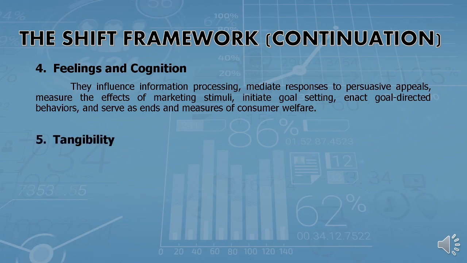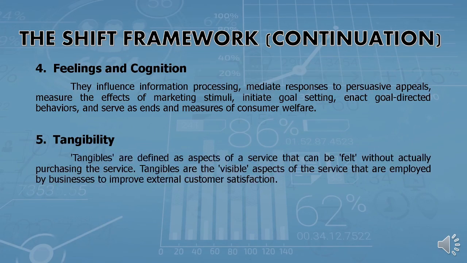This is the tangible. Tangibles are defined as aspects of a service that can be felt without actually purchasing the service. Tangibles are visible aspects of service that can be employed by the business to improve external customer satisfaction. Products can be classified as tangible or intangible.